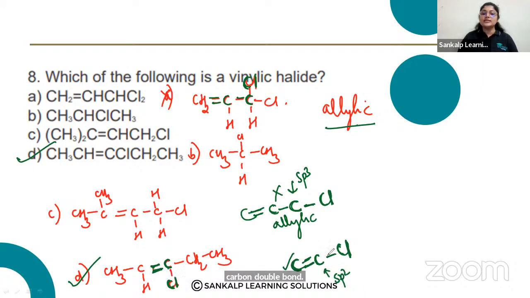So write down this, it will be more clear for you. So this is allylic and this is vinylic halide. Understood? So we'll go for the next one.